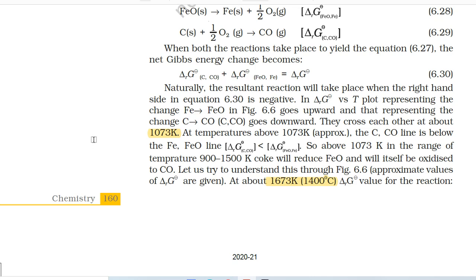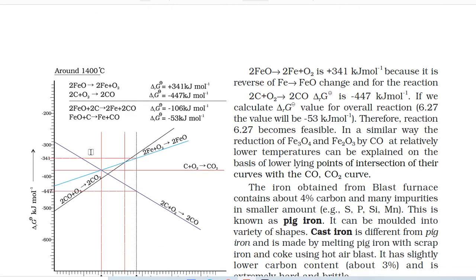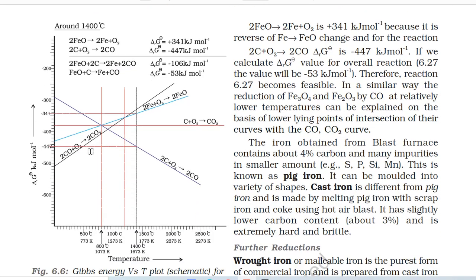At about 1673 Kelvin (1400 degrees Celsius), the ΔrG° value for the reaction 2FeO gives 2Fe plus O2 is plus 341 kJ per mole, because it is the reverse of the Fe gives FeO change.